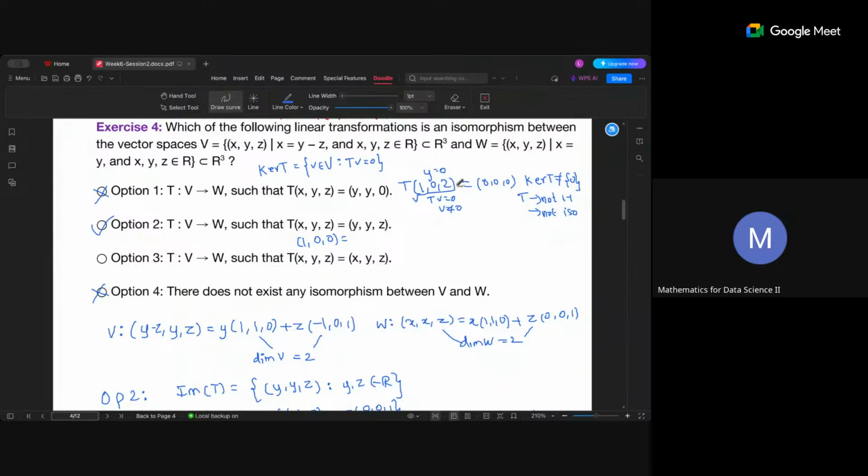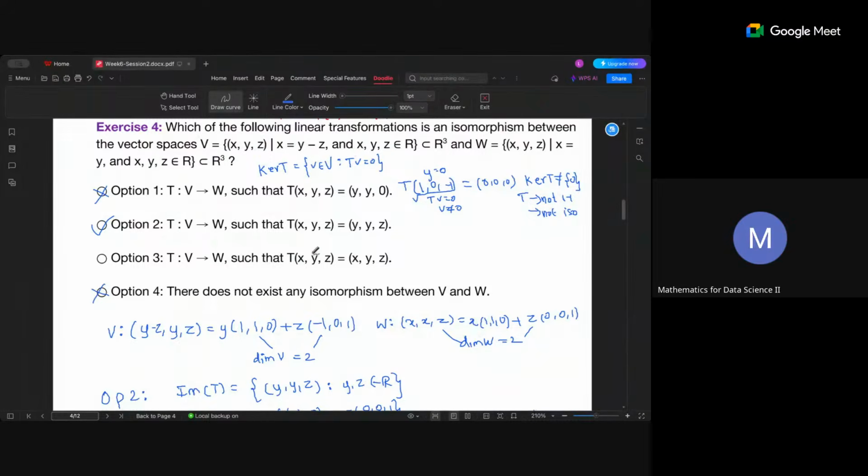Okay, here there is one thing I missed. Here the domain is from V, not from R2. We should have considered some element from here which is non-zero. Here we need x is equal to y minus z. So maybe instead of this, if I have minus 1 here, it will be z. Now is it fine?